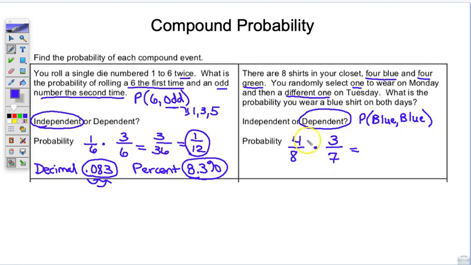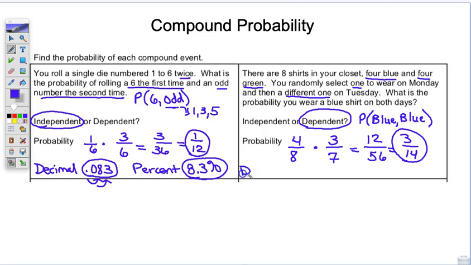Multiplying straight across, 4 times 3 is 12, 8 times 7 is 56. I can still reduce this fraction to 3/14, and now it's in lowest terms. So there's my probability of wearing a blue shirt on Monday and a blue shirt on Tuesday, 3/14.